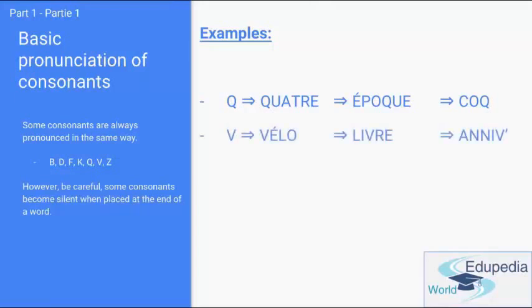V is the V sound. So we have V comme vélo, V comme livre, V comme anniv'. Actually, you won't normally see V at the end of a word, so that's why here we have an apostrophe, because this is not a full word, it's just a shortened form for birthday, which is anniversaire.